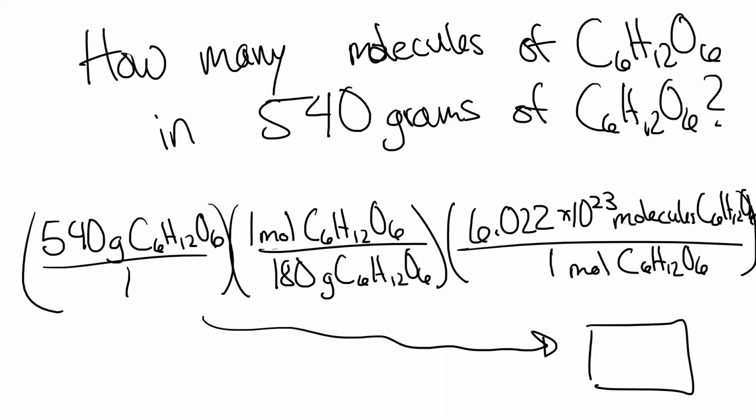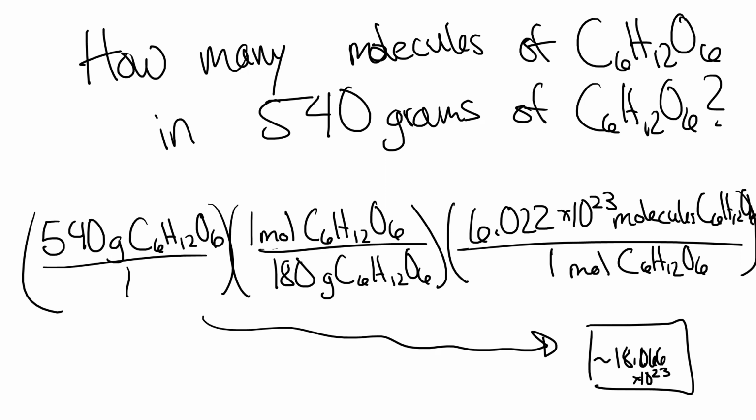Essentially, it's going to be 3 times 6.022 times 10 to the 23rd, roughly 18.066 times 10 to the 23rd is the number you're going to get.